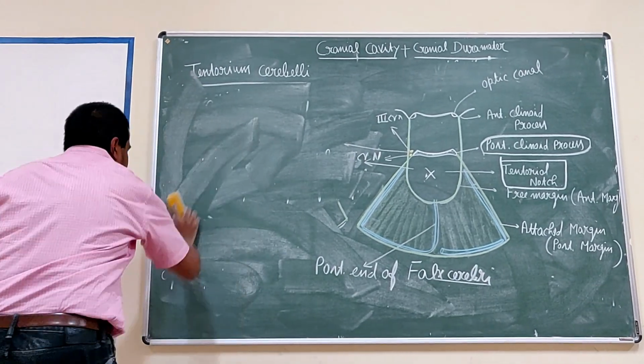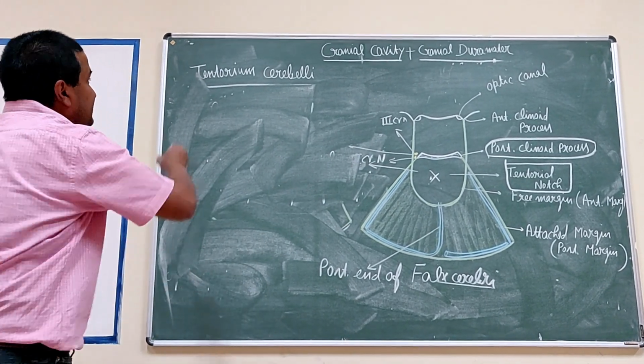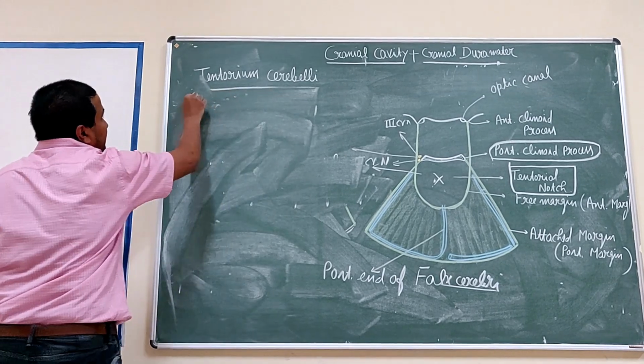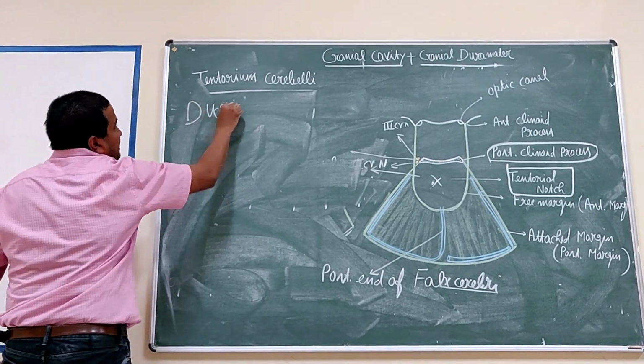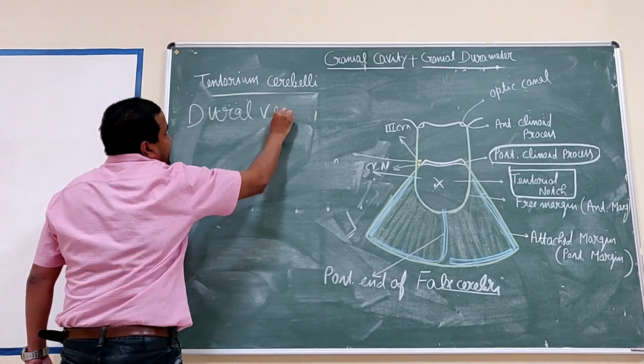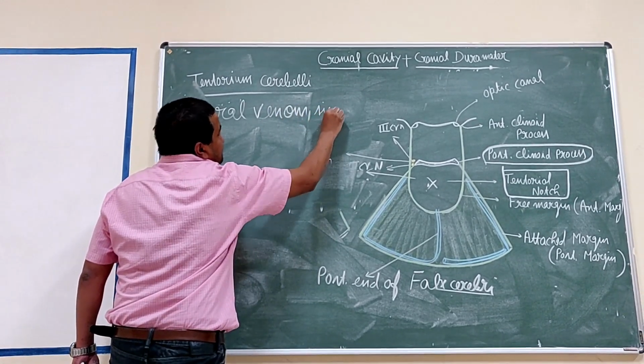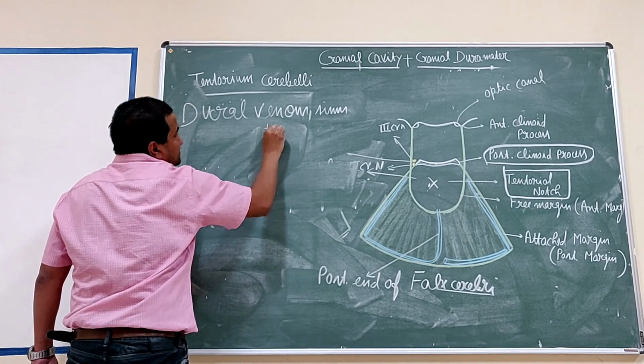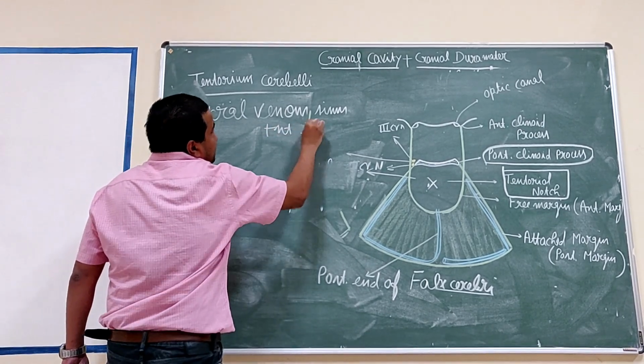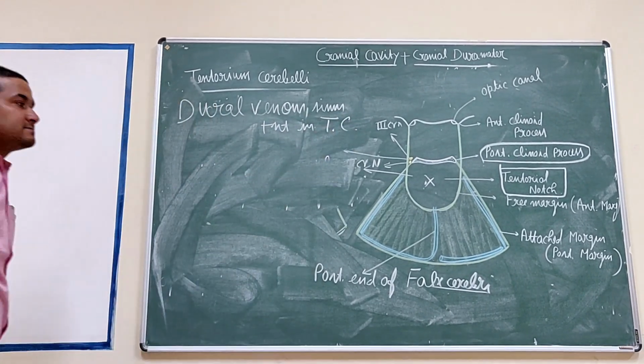Now the dural venous sinuses present in this tentorium cerebelli. What are the dural venous sinuses present in the tentorium cerebelli?